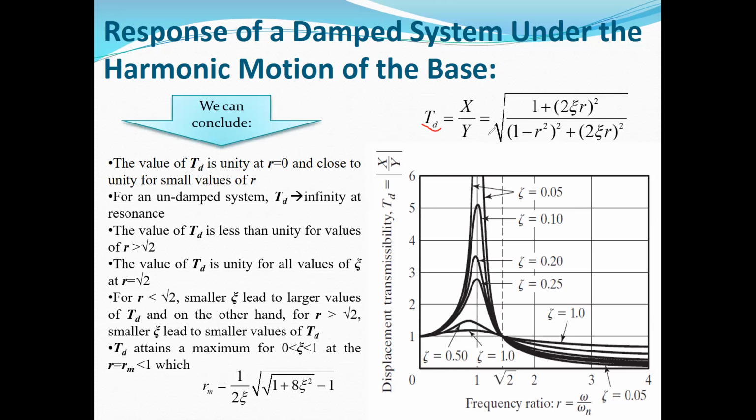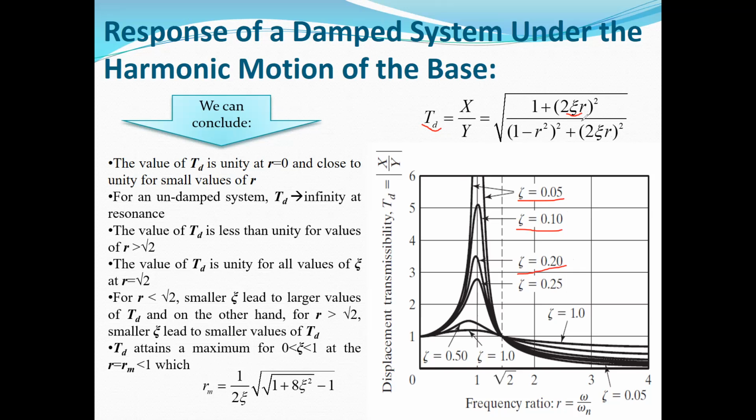And as you can see, this is a function of damping ratio and frequency ratio. So for different values of psi, or damping ratio, you can plot this parameter versus R.